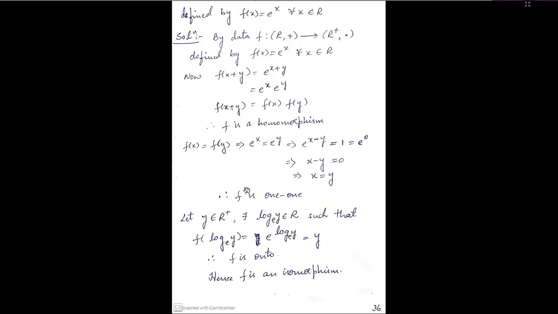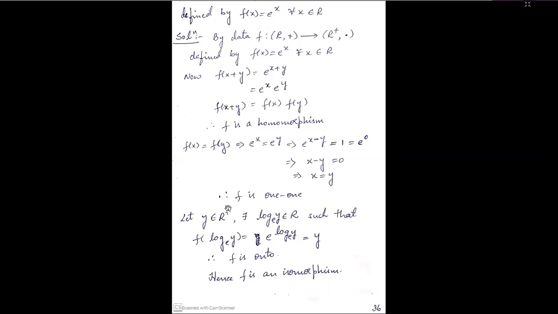So we need to show that this f is an onto function also. We already know that the inverse of an exponential is logarithmic and the inverse of logarithmic is exponential. One is the inverse of the other. So let y belong to R+. Then there exists log y belonging to R such that f of log y is equal to e to the power log y to the base e, which is equal to y.